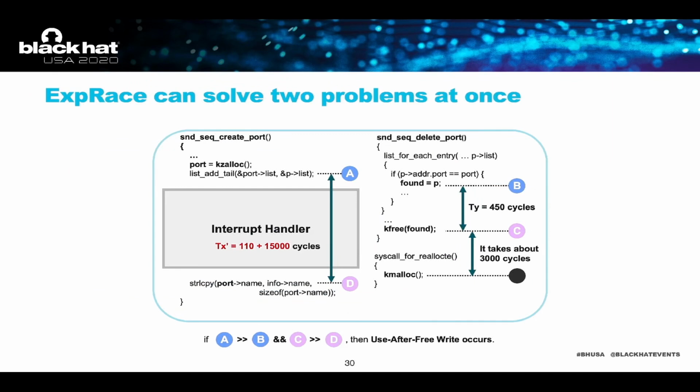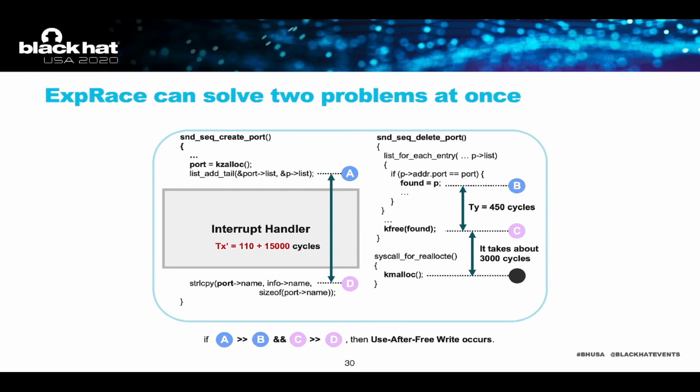EXP-Lace can solve two problems at once. According to our measurement, the time taken from instruction C to reallocate is about 3,000 cycles.